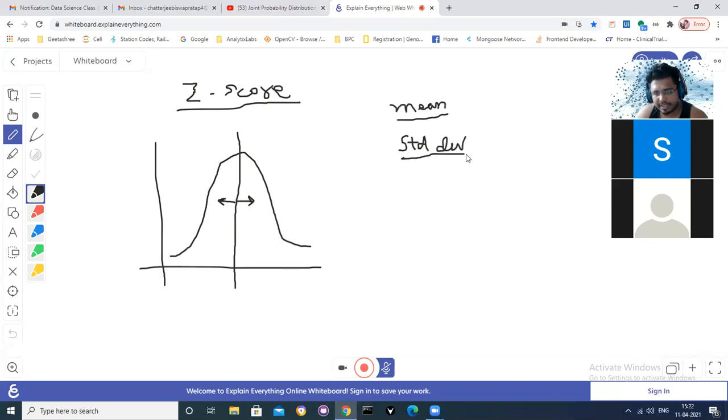What is the formula of standard deviation, Shivananda? Sum up all the data points divided by number of. No, that is mean. I'm asking about standard deviation. What is variance?